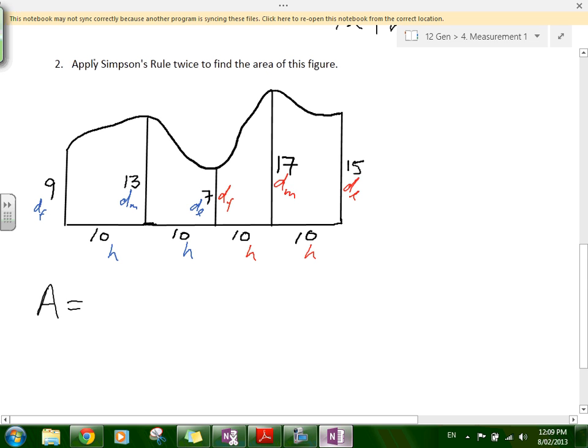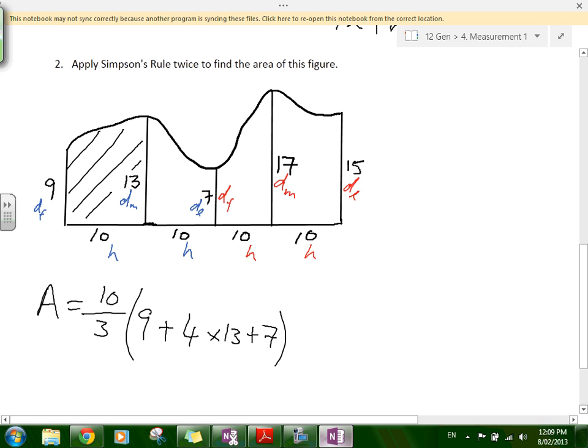The first part is 10 over 3 times DF, which is 9, plus 4 times 13, plus 7. That's our first area.